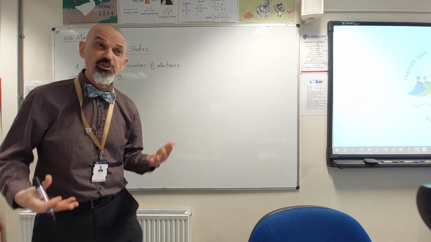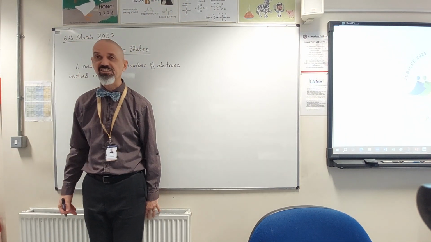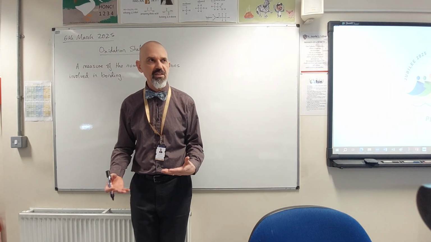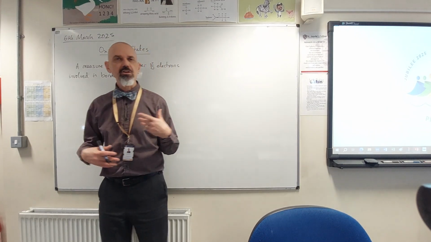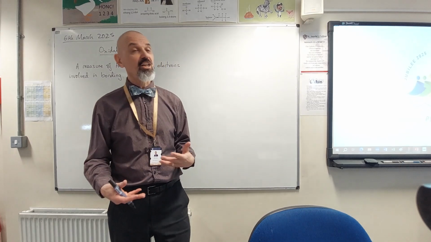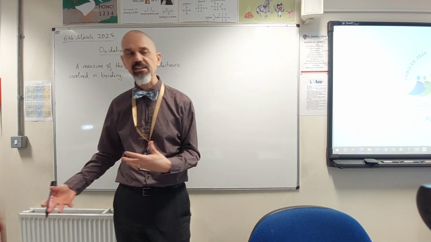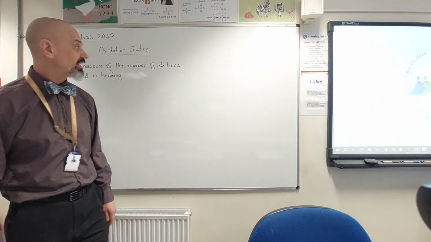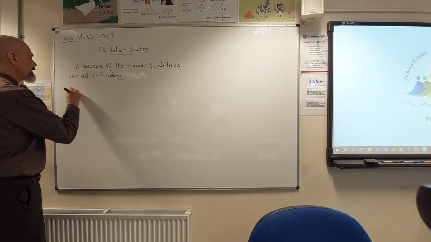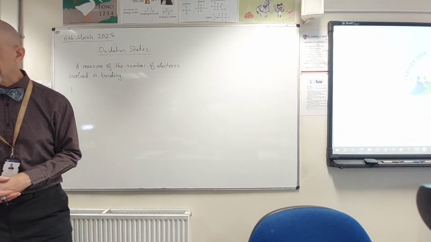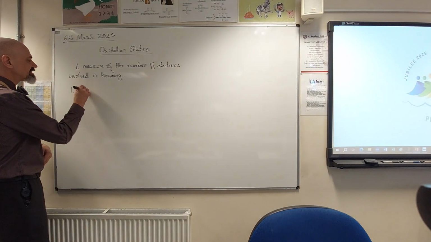Okay, so I'm just going to have to trot out the 7 rules of oxidation state, and we'll do some examples, but ultimately you're going to have to learn these, and you're going to learn them through practice. Practice until they stick.